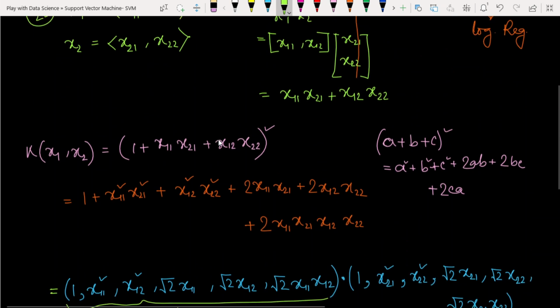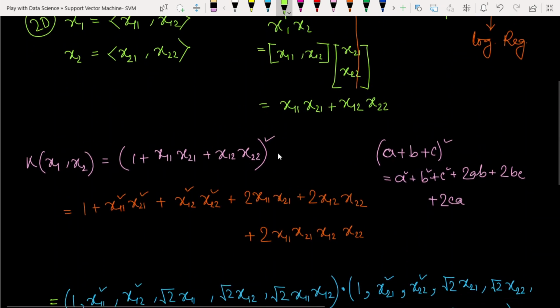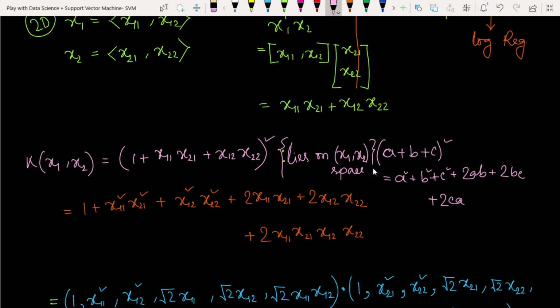So now if you see which dimension this vector is in, this vector lies on the x1 x2 space, x1 and x2 space.